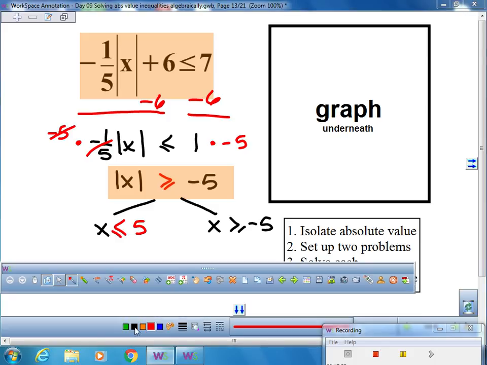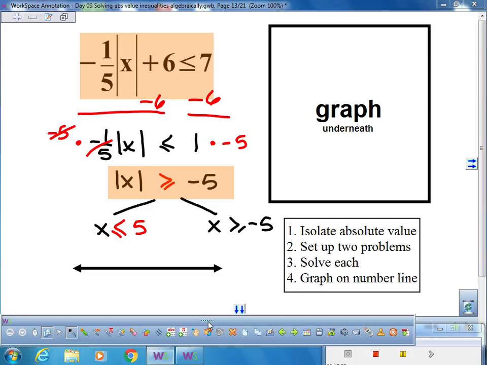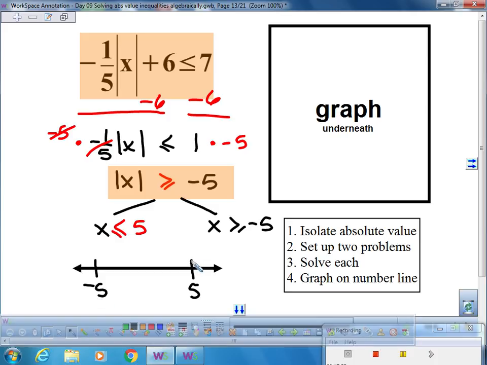So now we're going to graph it. So I'm at 5, and I'm also at negative 5. What's happening at 5? X is less than or equal to 5, so less than or equal to is less, right? And x is greater than negative 5. Greater is over here.